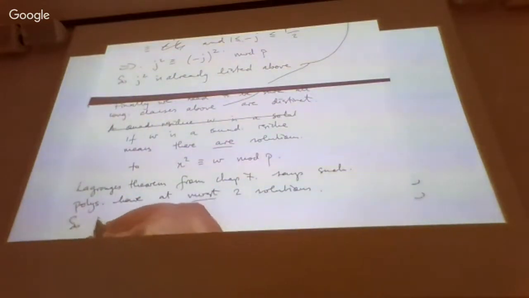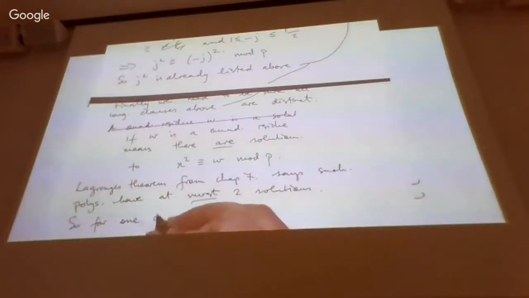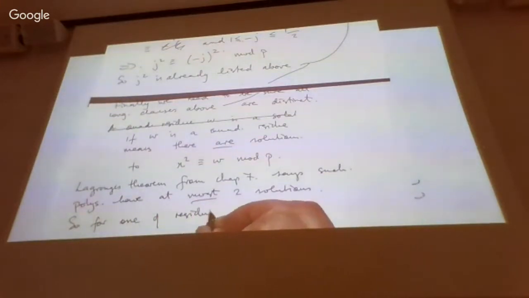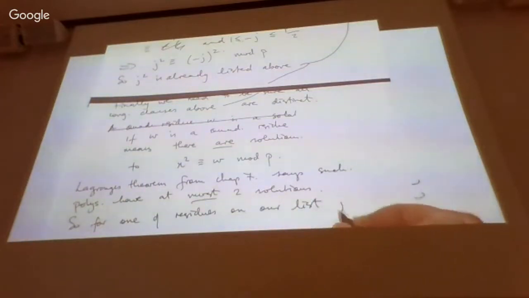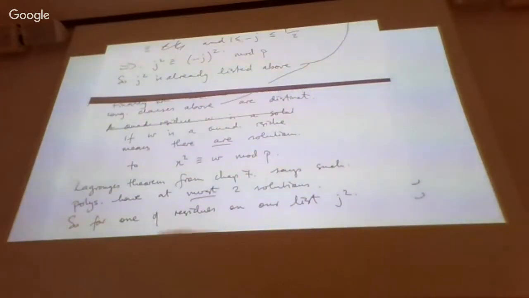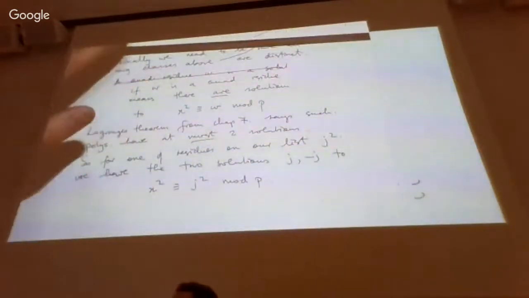So for one of the residues on our list above, let's call it j squared, we have the two solutions j and minus j to x squared congruent to j squared mod p.